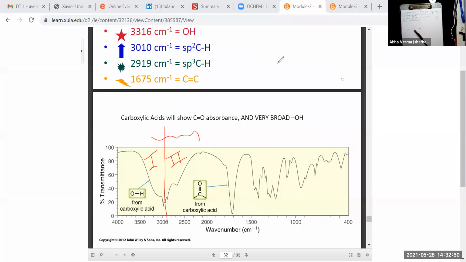So remember, this is the region where your hydrogen bonds appear. In region 1, you have the OH, NH, sp CH, whereas in region 2, you have sp3 CH and sp2 CH. Between 1600 and 1800, you have this strong peak.